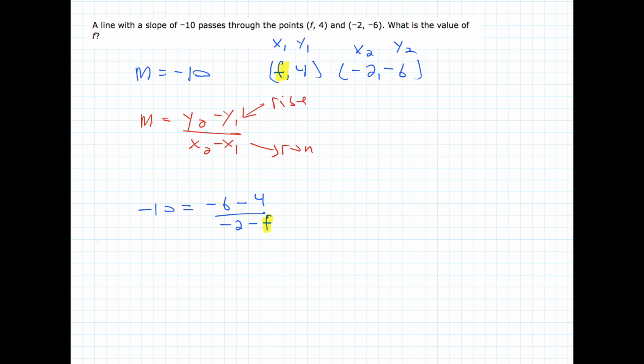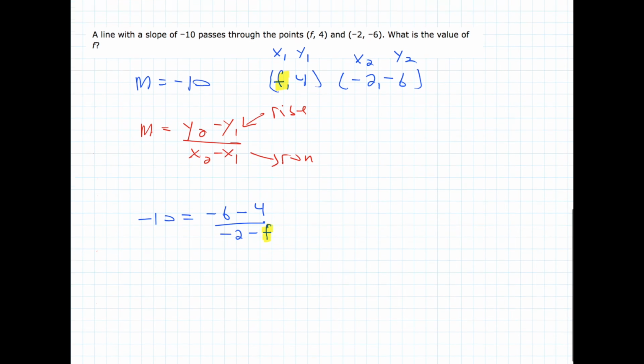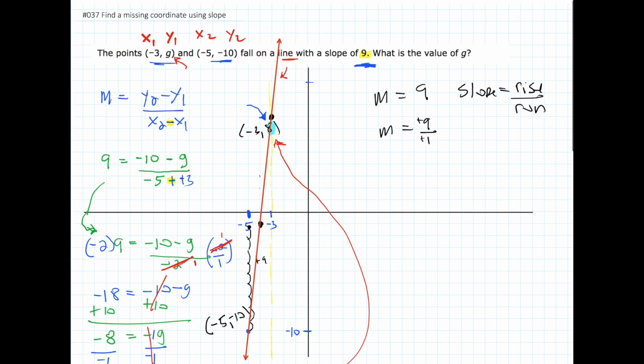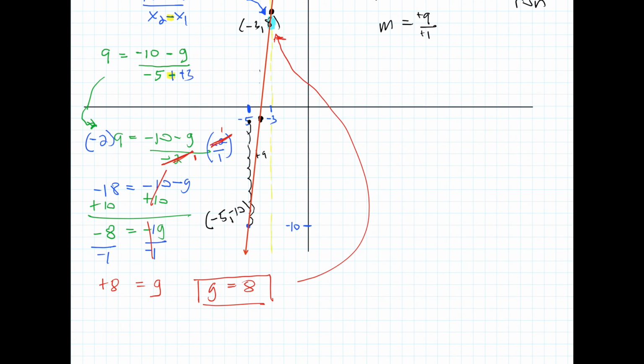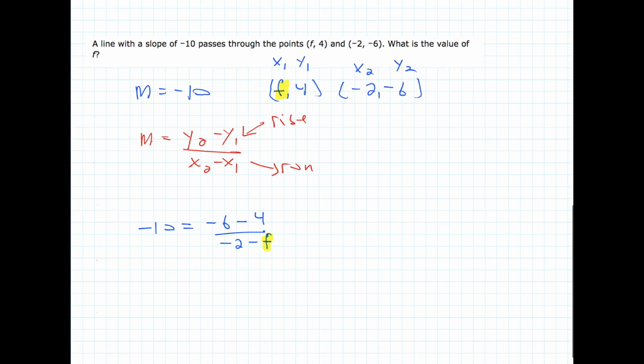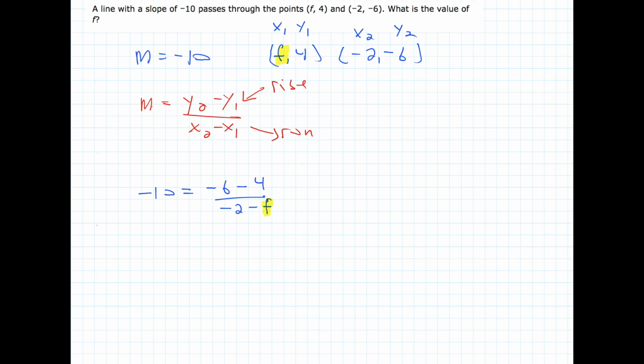Okay, so this is different than the last one because you have more stuff in the denominator. On the last problem that we did, we multiplied both sides by negative 2 to get rid of the denominator. Over here, we're going to multiply both sides by negative 2 minus f to get rid of the denominator.